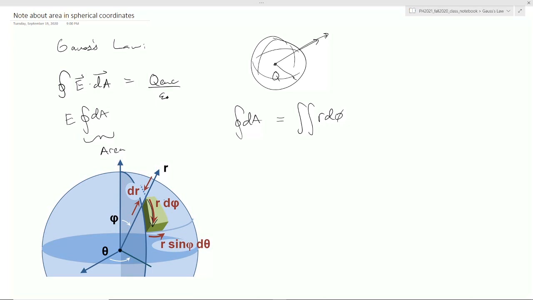And then you also have this piece, and that's our r sine phi d theta. This sine phi, you can think of as accounting for the fact that these lines get closer together as you go to the pole.